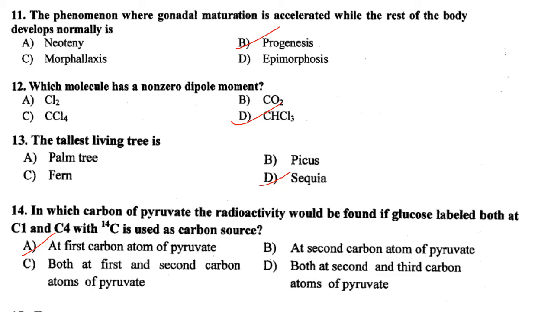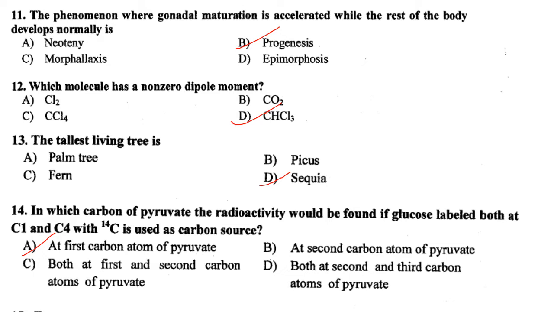The phenomenon where gonadal maturation is accelerated while the rest of the body develops normally is called progenesis. Answer is option B. Now what is neoteny? Neoteny is the condition in which an organism reaches maturity without losing all of its juvenile characteristics. Then progenesis refers to the attainment of sexual maturity of an organism still in the larval or juvenile stage and a secondary result of never experiencing later developmental stages.